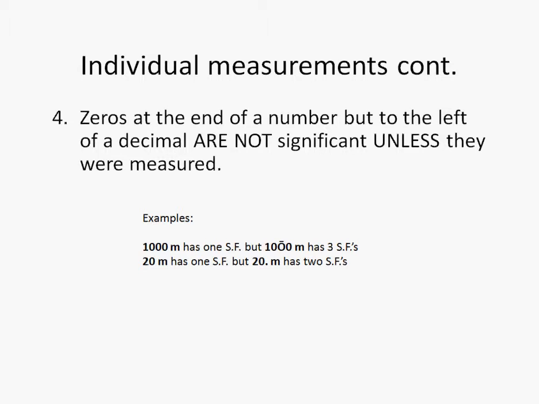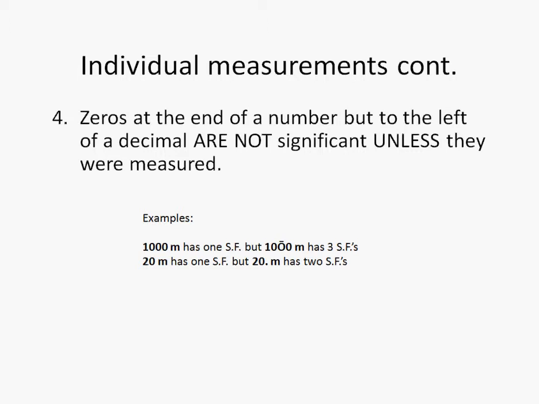But if I place a small dash above the 0 that represents the last measured digit, then 1,000 meters with the dash above the middle 0 indicates to me that not only is that 0 significant, but the one in between the 1 and that 0 would also be significant. So there are 3 sig figs in 1,000 with a dash above the second 0.